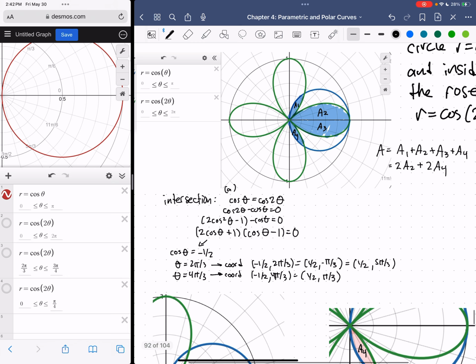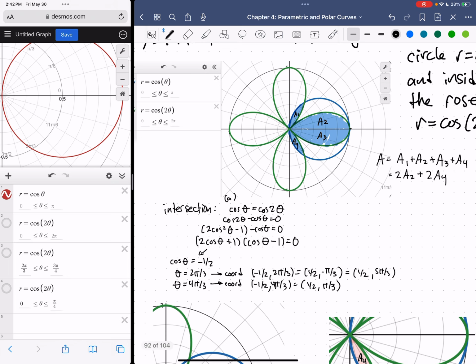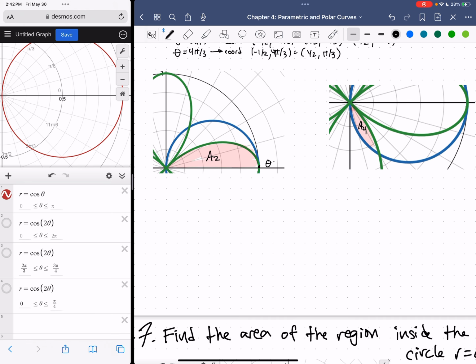Okay, so the point is, for A2, this area starts when theta is equal to 0 and r is equal to 1. So I'll label that down here as well. And then it keeps going, and it's only defined by the petal curve, or the rose. And then we hit 0.